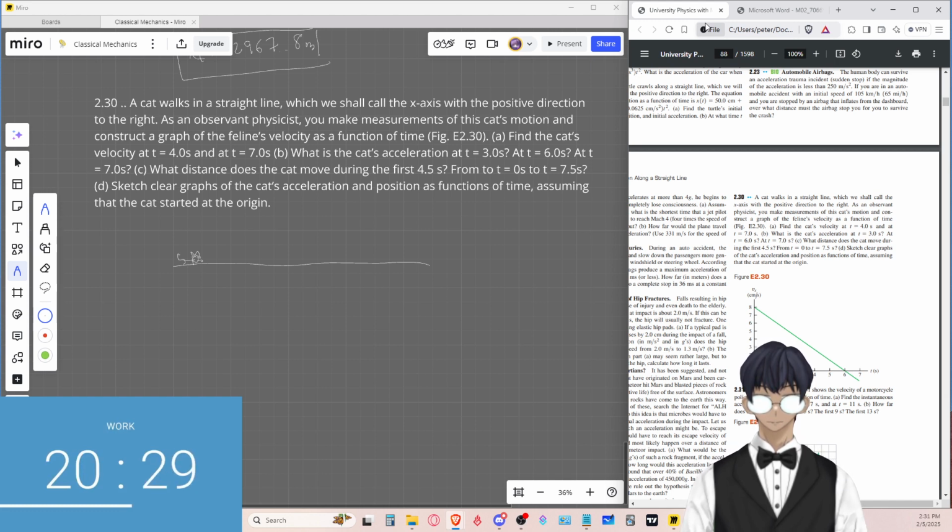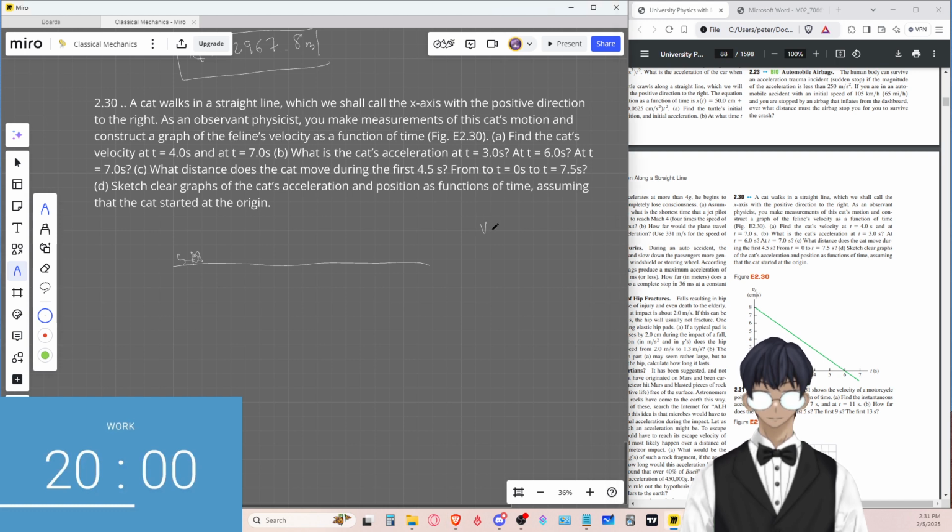At 4 seconds, the way it looks, if we go across, it looks about like 2.5. Yeah, it looks like it goes to about 2.5 somewhere.